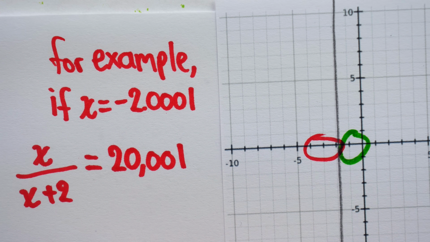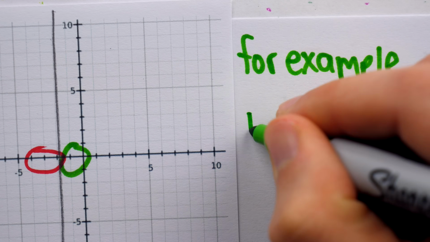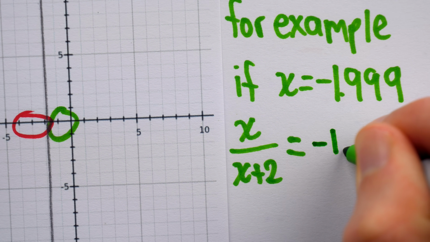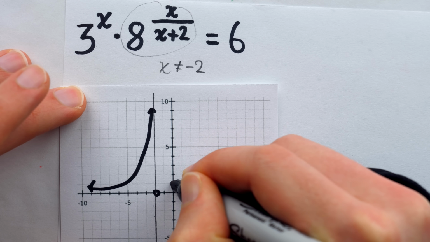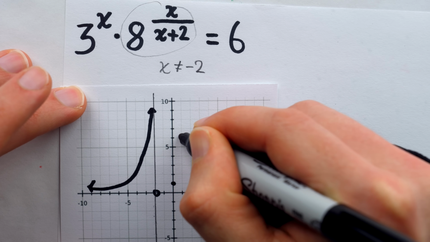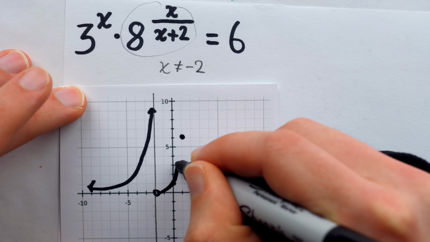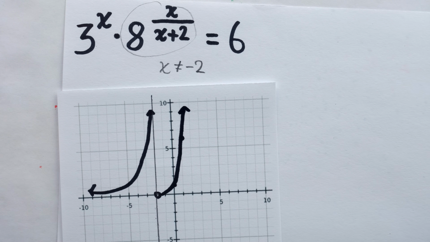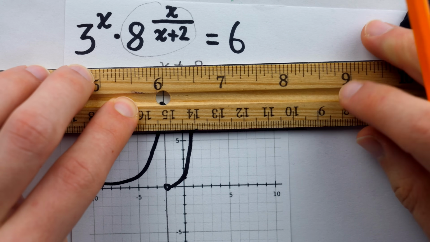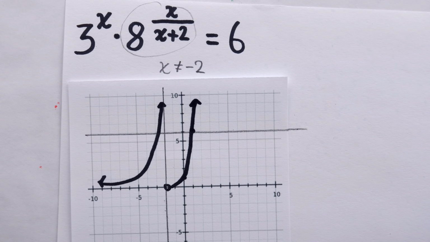When x is near but greater than -2, the exponent is a massive negative number, so the whole thing crashes back down to 0 before going through the exponential growth again due to the 3 to the x factor. Hence, there will clearly be two solutions where this expression equals 6 and the equation is true.